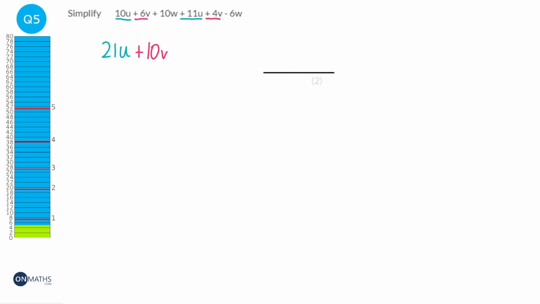We can also add this 10w to this minus 6w, so 10 take away 6 is 4w, so plus 4w. But we can't add a u term to a v term to a w term, so we just have to leave them be. So our answer is 21u plus 10v plus 4w. We can multiply them, we just can't add or subtract them.